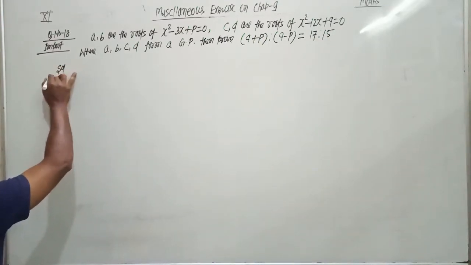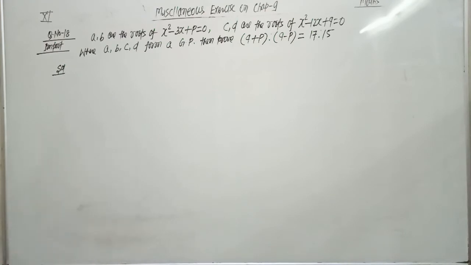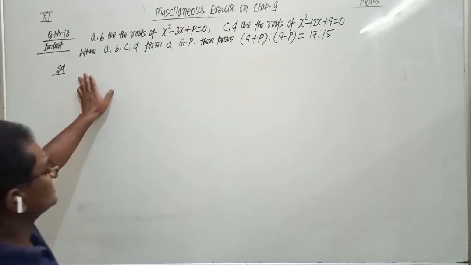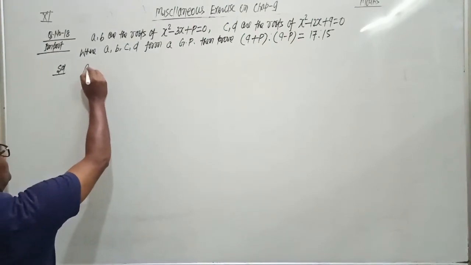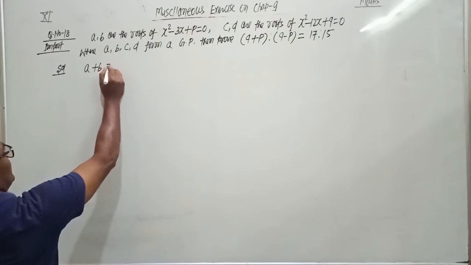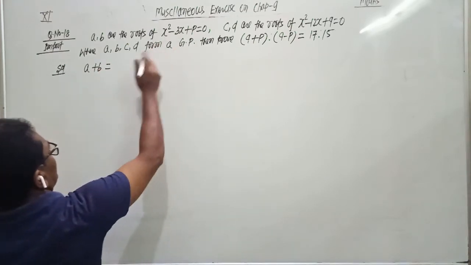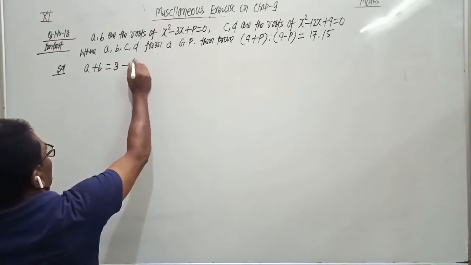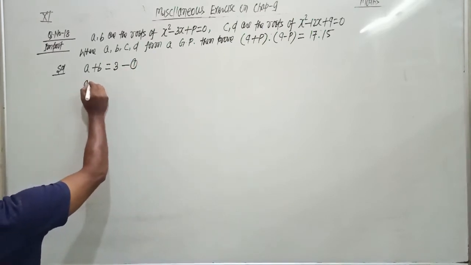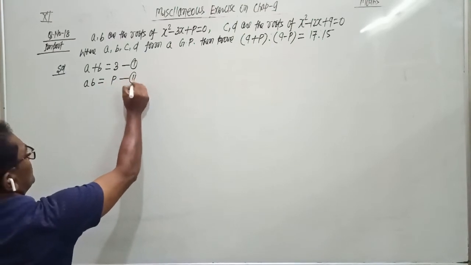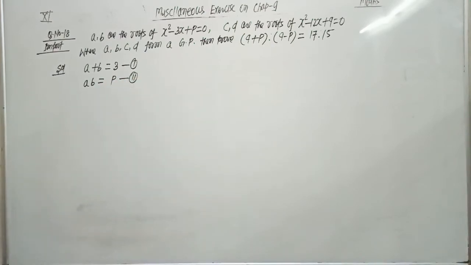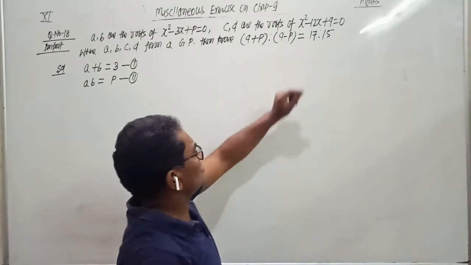So first we have given that A and B are the roots of x square minus 3x plus p equals to 0. And we know that sum of roots A plus B equals to minus B by A, which means 3. And product of roots A into B equals to C by A, which means A into B equals to P. Similarly, C and D are the roots.